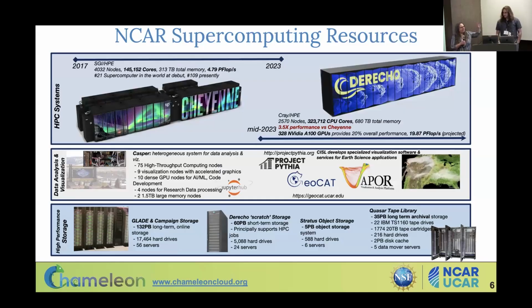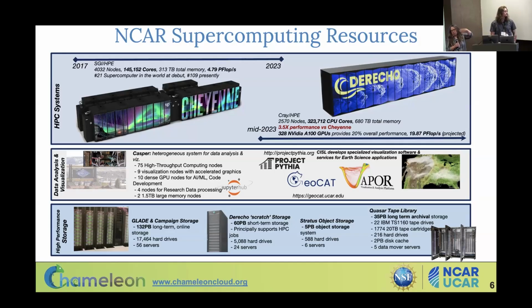All right, so I stole this slide from another presentation, but it's a nice slide just showing what our resources are at NCAR. We have, of course, our flagship machine, Cheyenne, which came offline in 2023 and was replaced by Derecho. It's a Cray HPE machine with 2,570 nodes, about 82 GPUs in there, all A100s. We also have a Casper system, which is a visualization system.